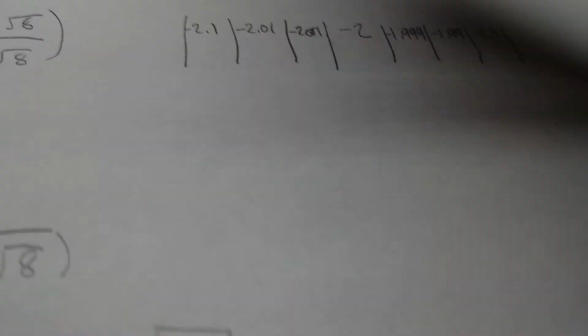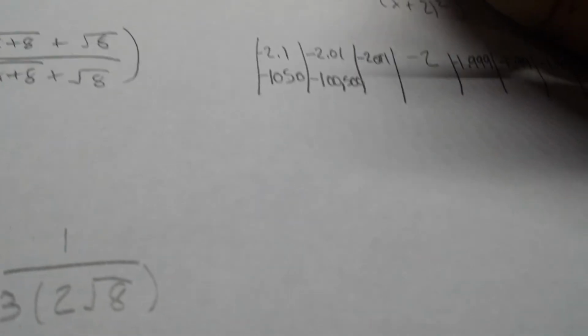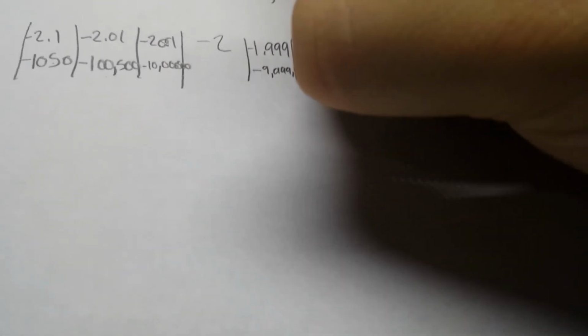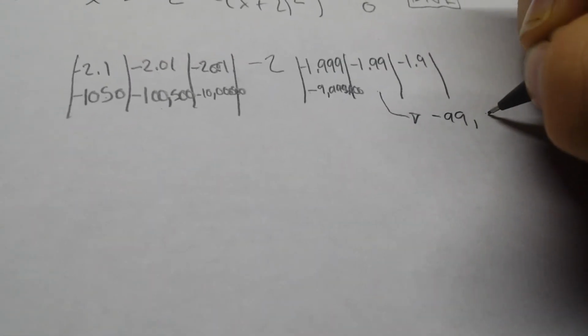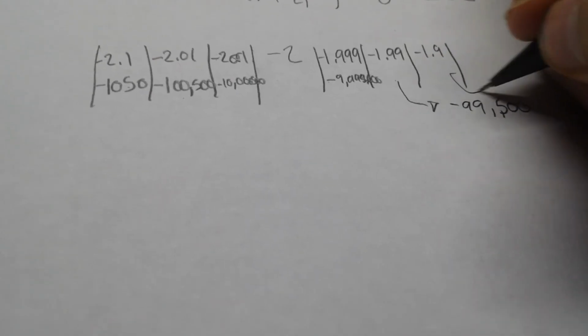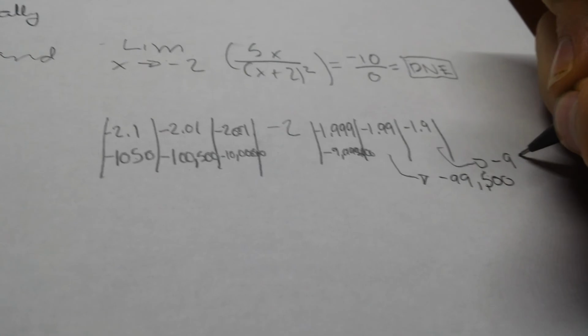and we obtain in the end minus 1050 in this one, then minus 100,500, then minus 10,500,000, and then in here we obtain minus 95,000, then minus 99,500, and here we will obtain minus 950.